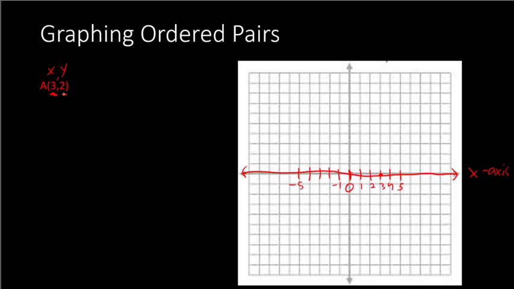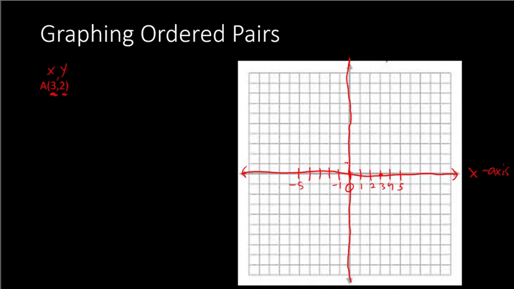But we also need to account for the y value. So think of this vertical line as another number line. Think of this as two different number lines, one going left to right, one going up and down.